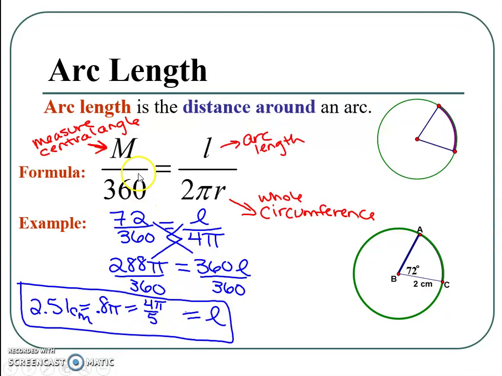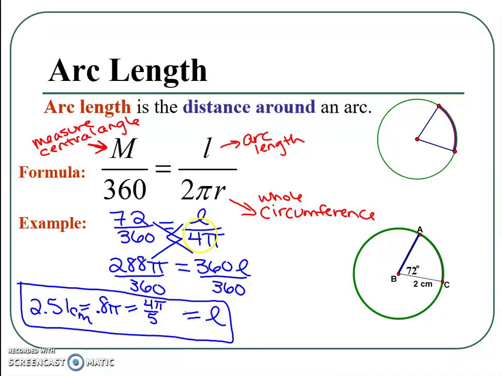So my first ratio is 72 over 360 equals, we don't know L, we're looking for L, but we know circumference because we have radius. They're going to give you radius, which is 2 pi r. So 2 times 2 is 4, because 4 is the diameter, times pi. So if I do that, what you're going to do is write 4 pi. So you're not going to actually solve this, just leave it as 4 pi.